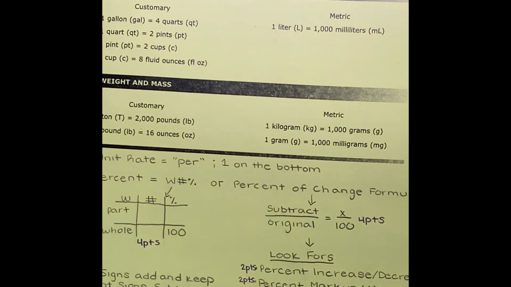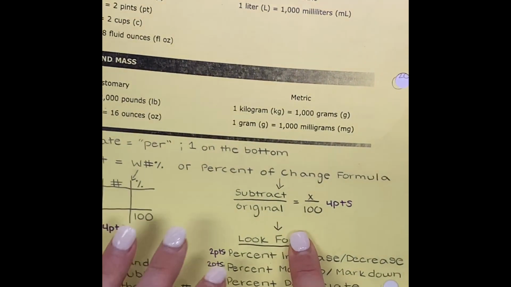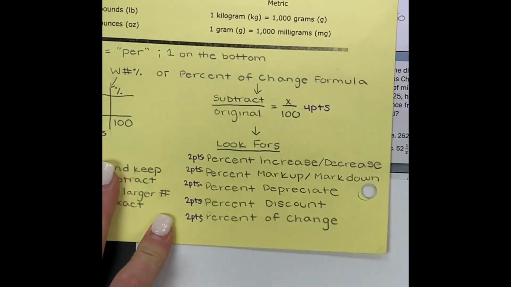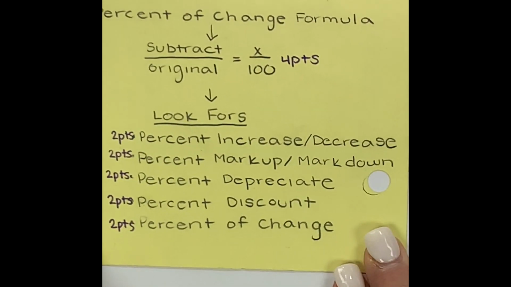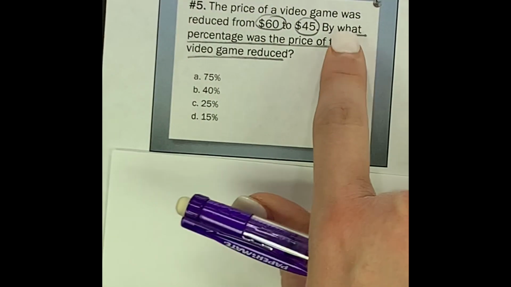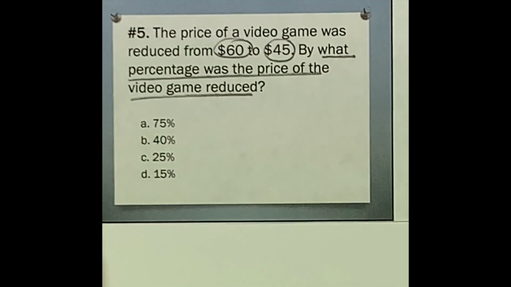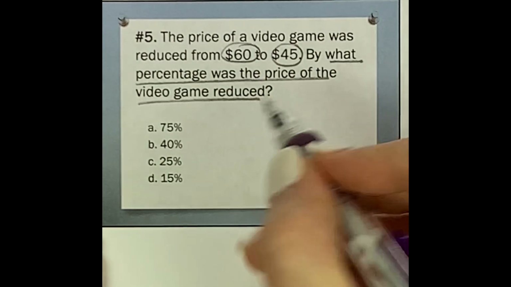I either do one or the other with percent problems. Now we know that in order to do this formula, you have to have one of these look fors. If I look in the question, here's the question: What percent was the video game reduced? None of the look fors are actually in the question, but think about what the word reduce means.